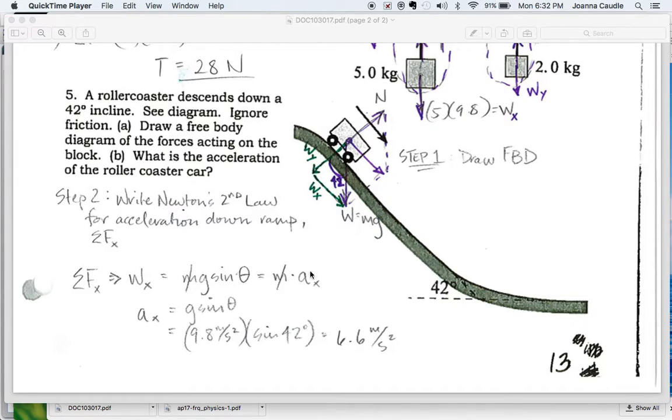And notice an interesting thing: it doesn't matter how heavy this car is. I don't need to know the mass of the car because the mass cancels. In other words, the acceleration is just the component of gravity in the direction of the track, parallel to the track. Solving for that, I get 6.6 meters per second squared.